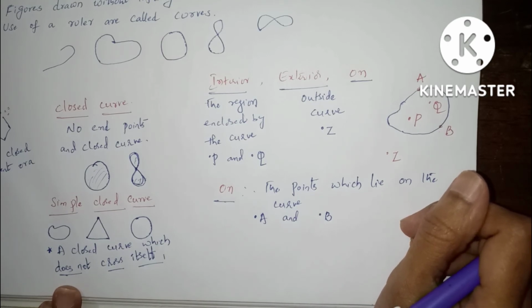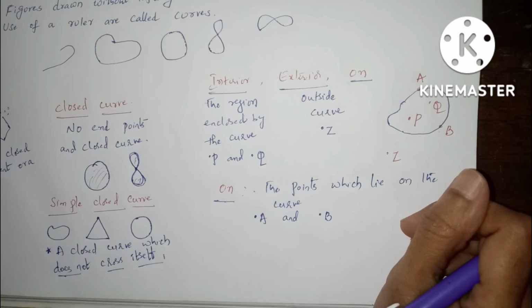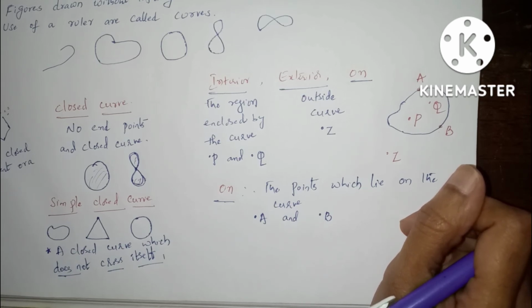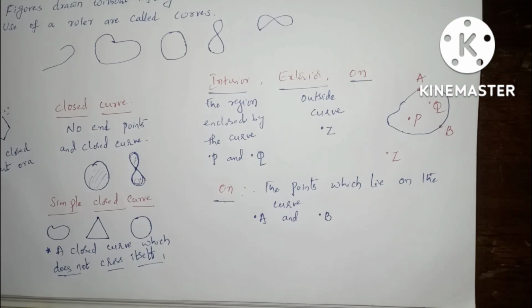They will give one figure with names of points, and ask you to identify the interior, exterior, and points lying on the curve. Or one more question you can expect is that they will give four to five figures and ask you to identify which are open curves, which are simple closed curves, and which are closed curves. From this topic you can expect this type of questions.